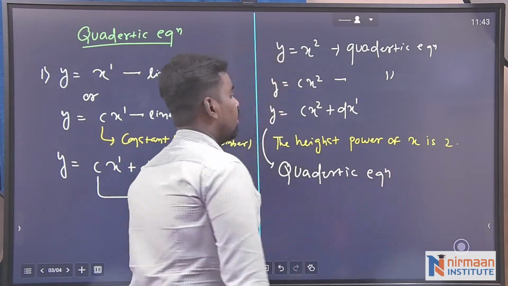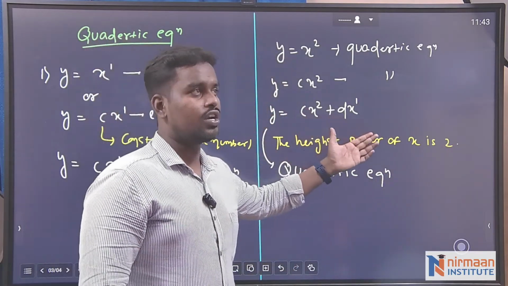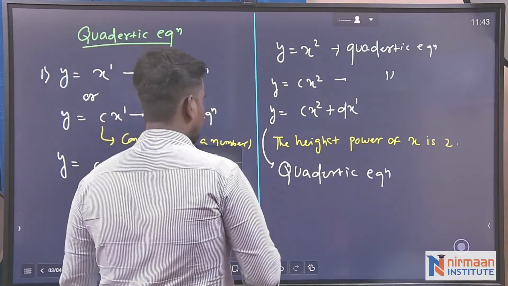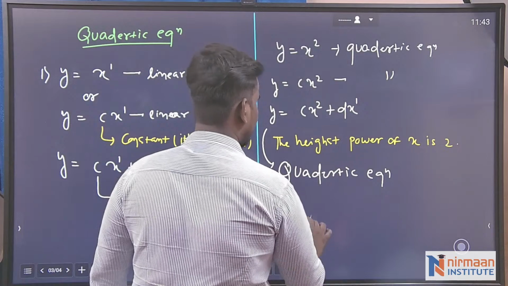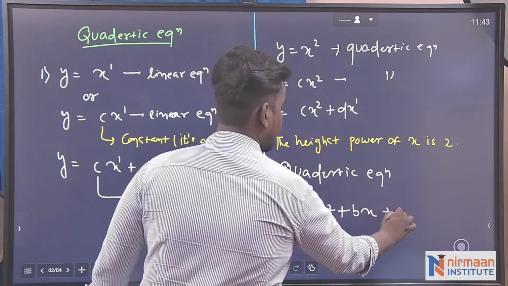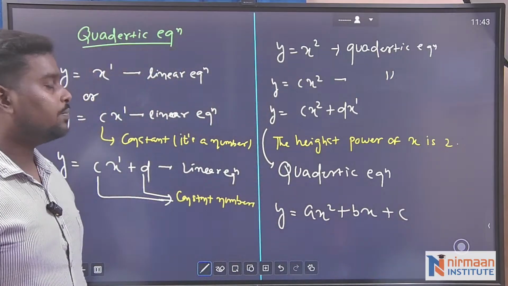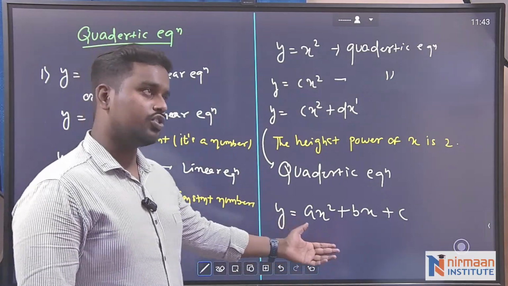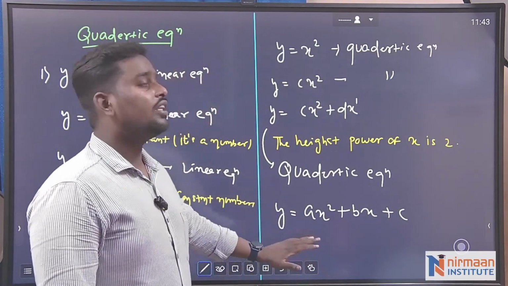And what are c and d? c and d are constant numbers. And if I write y equal to ax square plus bx plus c, again a, b, c are constant numbers. And what is the highest power of the variable?